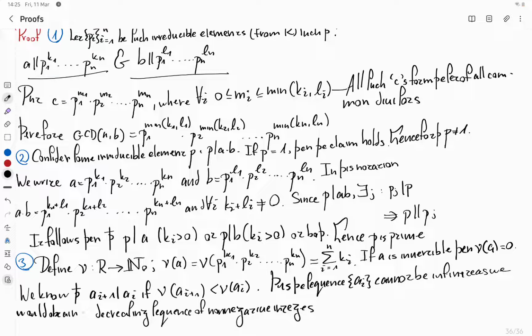An infinite decreasing sequence, which is of course impossible, and this concludes the proof.